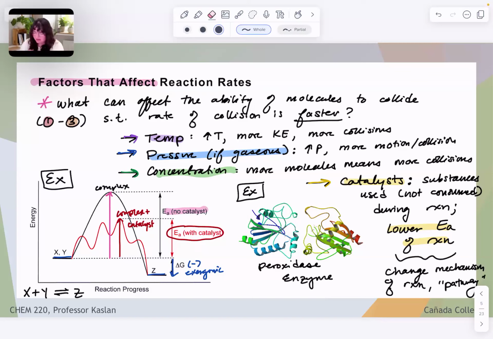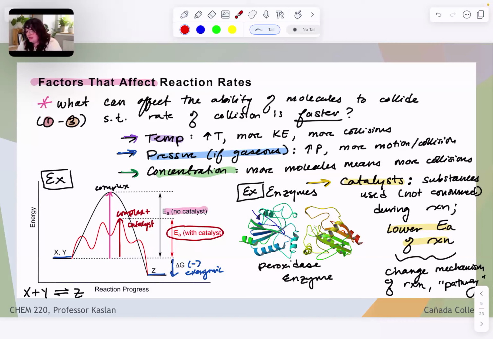That's what I mean when I say it's facilitated. And it was able to happen faster because at some point in this peroxidase's mechanism of action, it created some transition complex state that was lower in energy difference required from the reactants than if the reaction were to proceed without it. So catalysts are very important.